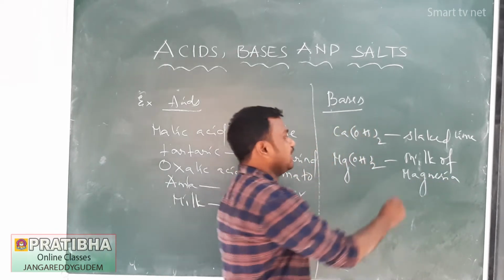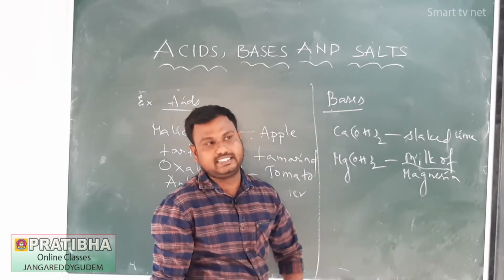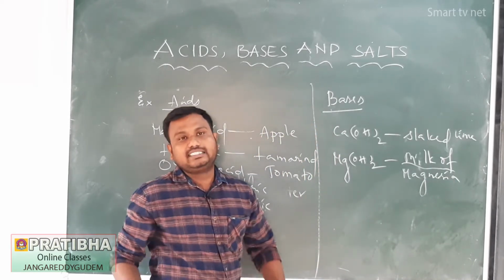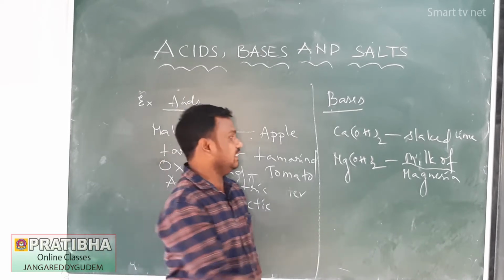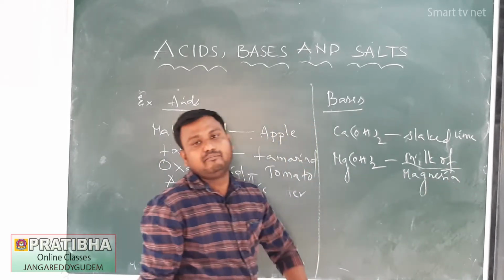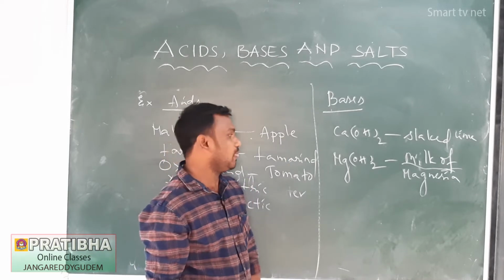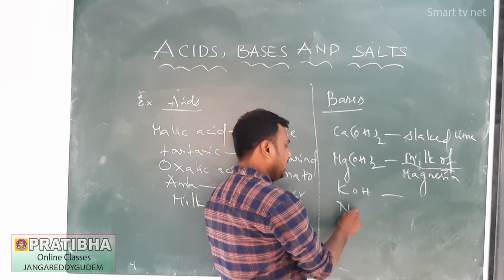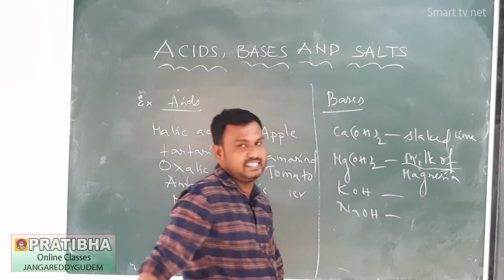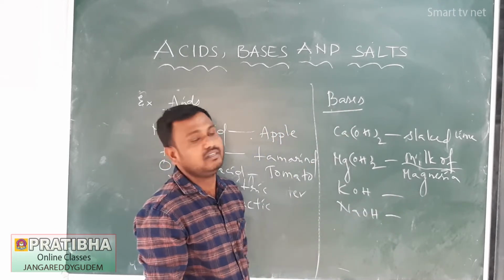Milk of magnesia we use for indigestion. When we are suffering from indigestion, we use milk of magnesia and get relief from the burning sensation in our stomach. And next, KOH, potassium hydroxide, and NaOH, sodium hydroxide. These are examples of bases.